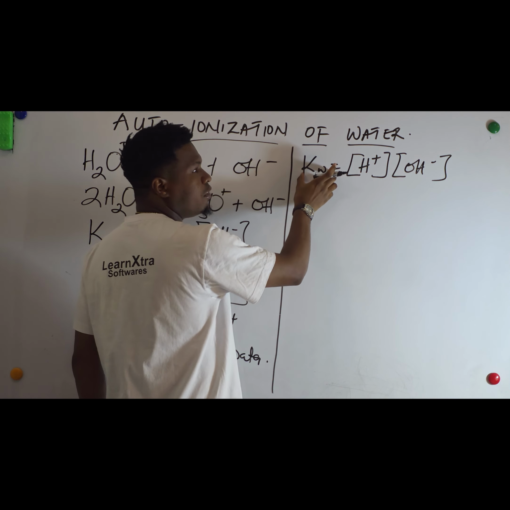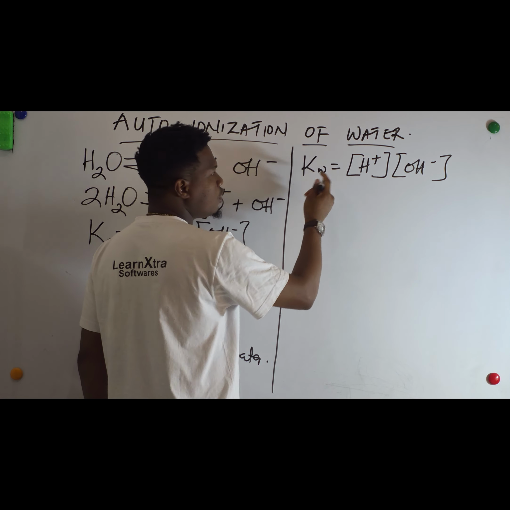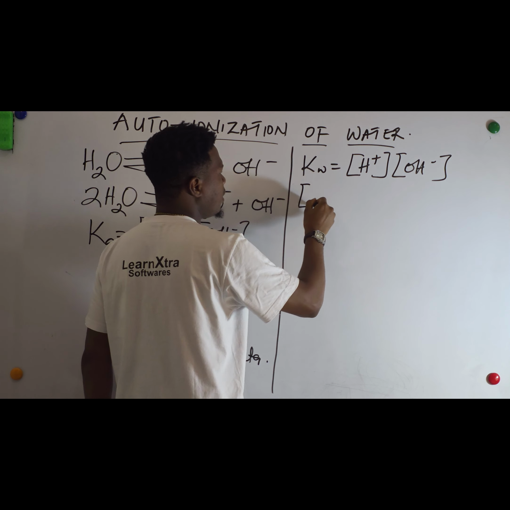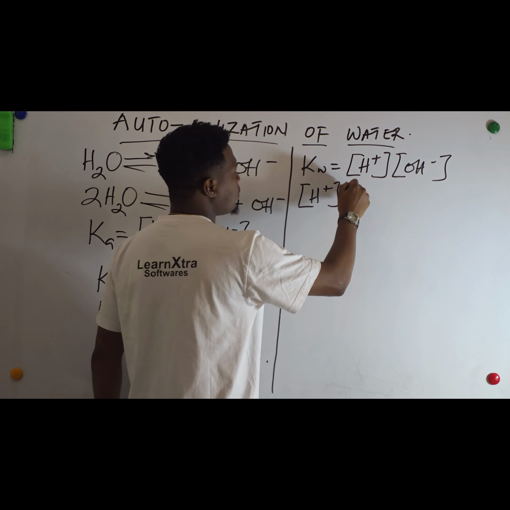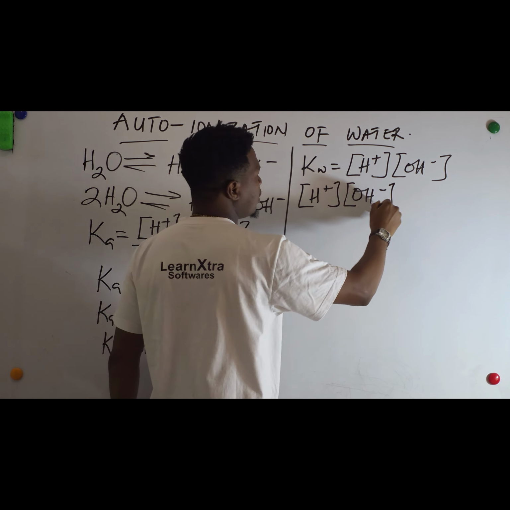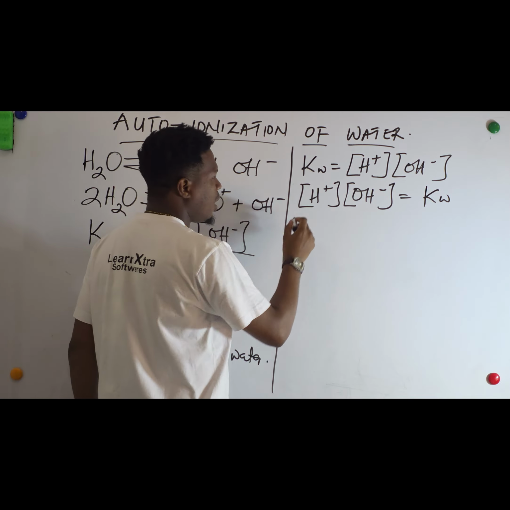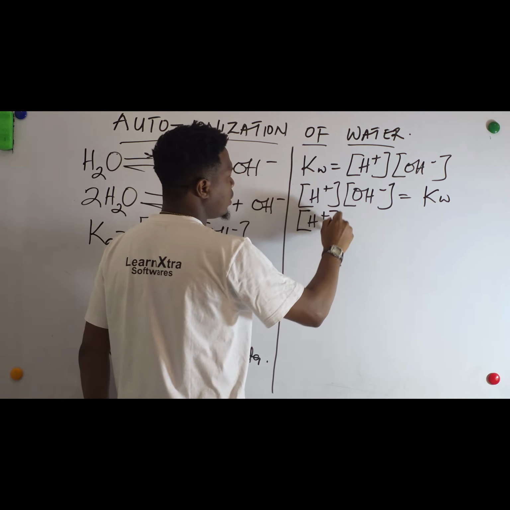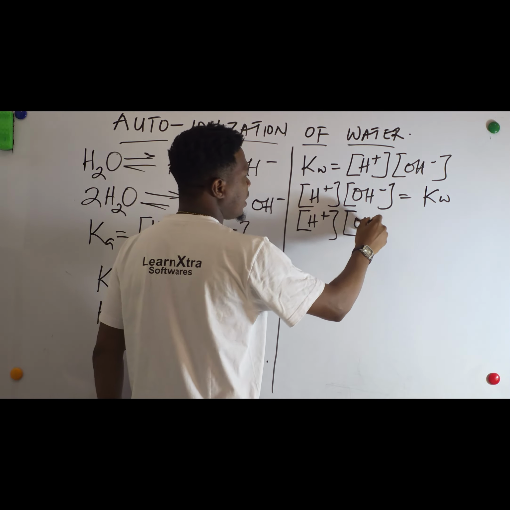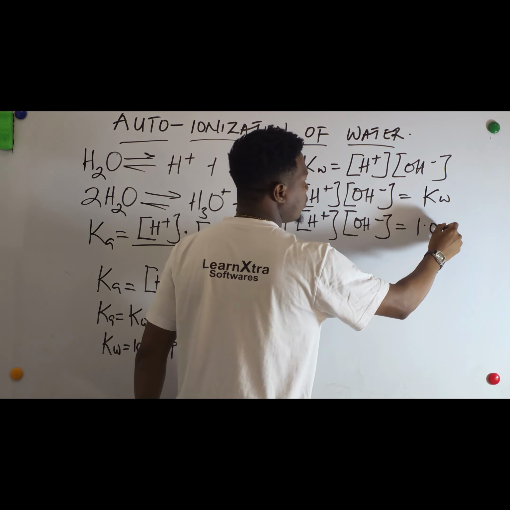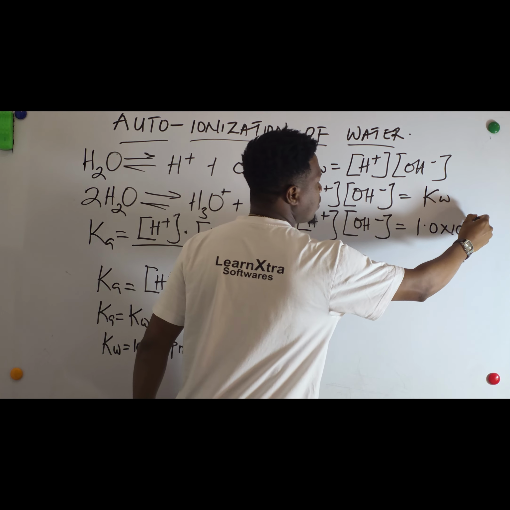So hydrogen ion concentration multiplied by hydroxide ion concentration is equal to 1.0 times 10 to the power of minus 14.